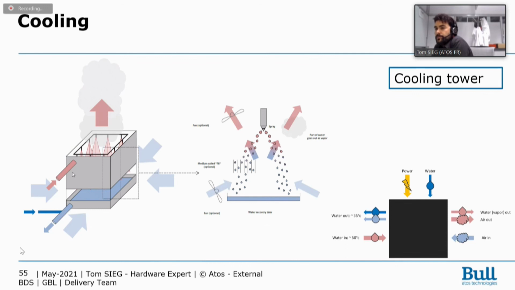So to replace the water you lose during this process, you will push cold water back to the data center. So this system will use power and water to transform the heat from the inlet water to hot air and hot water, water and vapor.